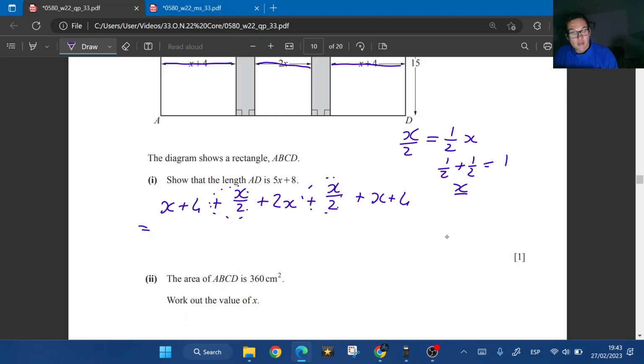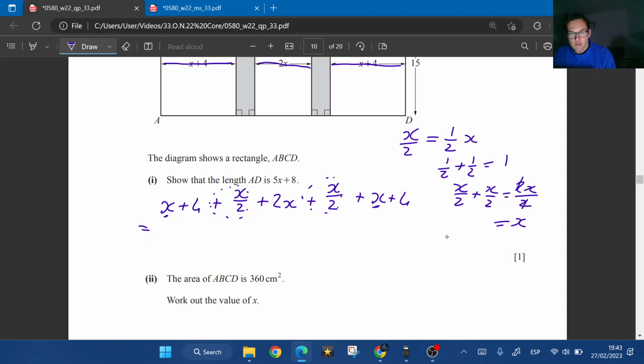So this x over 2 plus x over 2 has got the same denominator. x plus x is 2x, 2 divided by 2, that would be just x. So x over 2 plus x over 2 gives us x. If we add it to this x, that's 3x. To that x, that's 4x. Plus this, that's 1x.